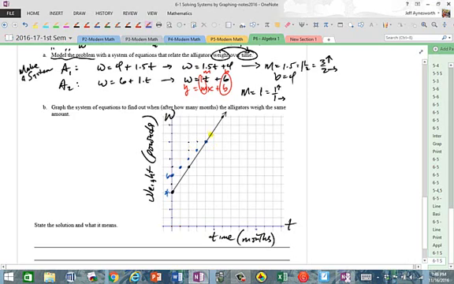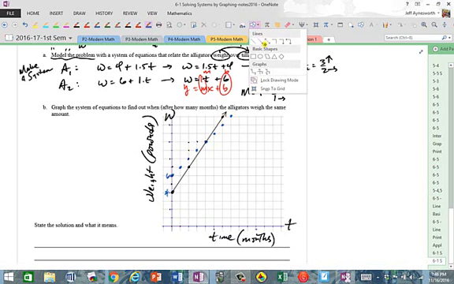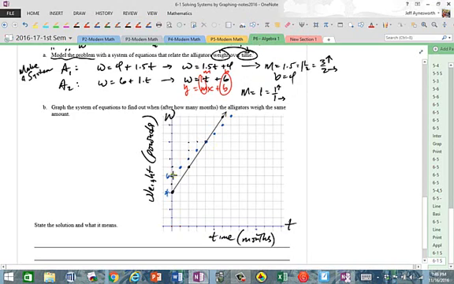These lines are not too different, but they are different, of course, because they're sloped differently. And notice that they intersect right there. There's the intersection, which is the solution.